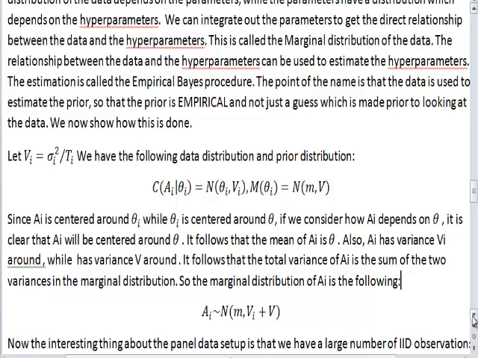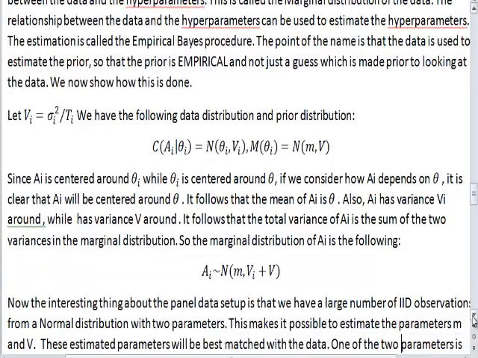If you fix theta_i, then conditional on that, there is a variance of A_i, which is V_i. Theta_i itself has a variance of V, so you just add the two variances to get the total variance of A, conditional on the prior, after taking out the theta. So it's V_i plus V. So the marginal distribution of A_i is normal with mean M and variance V_i plus V.